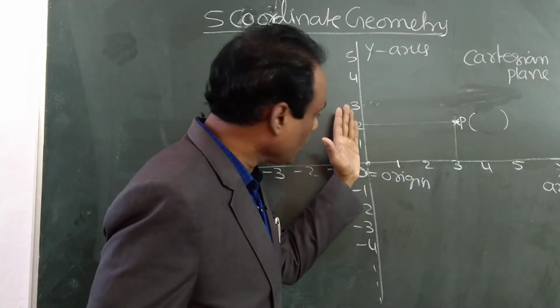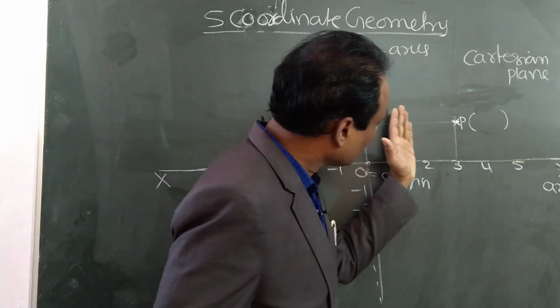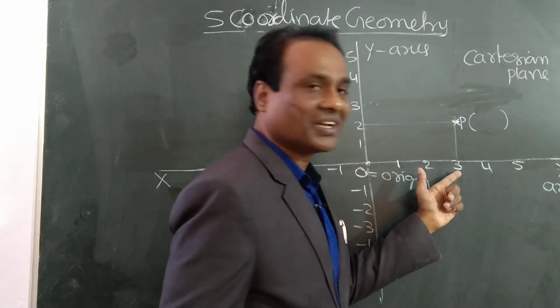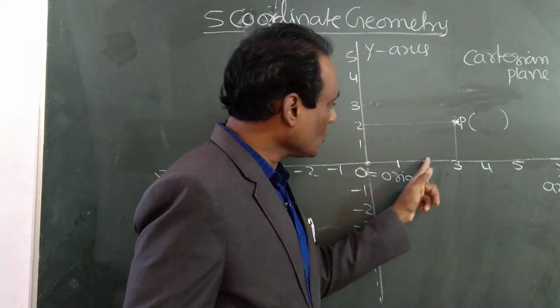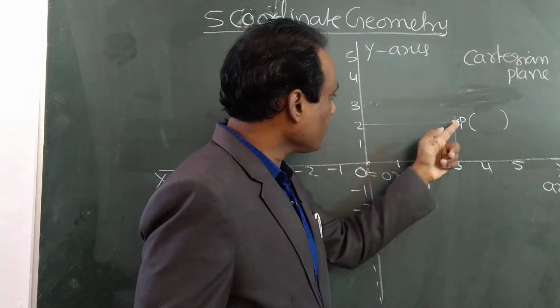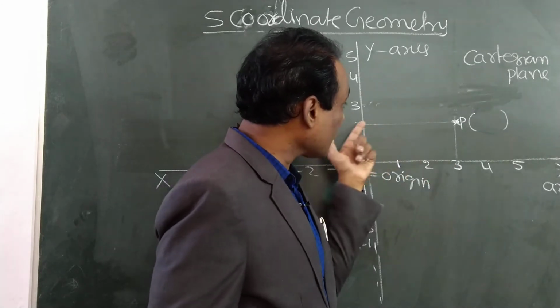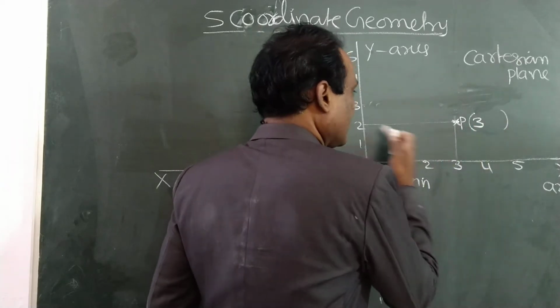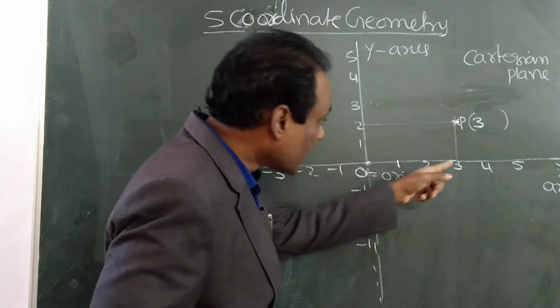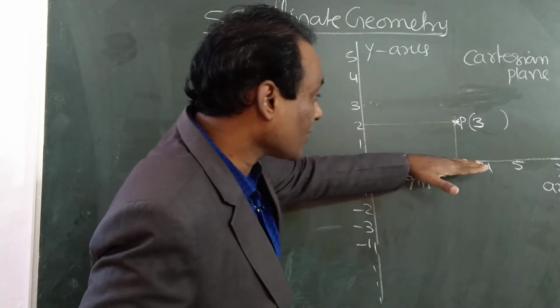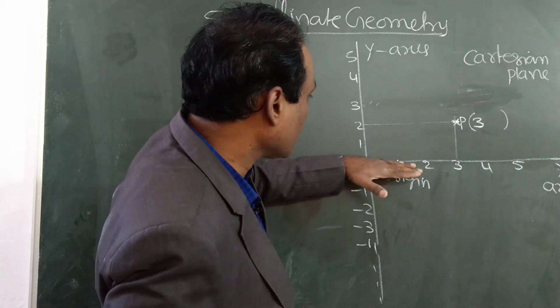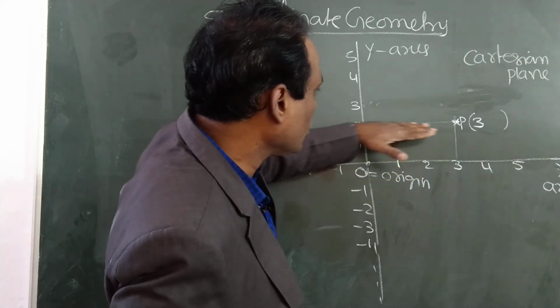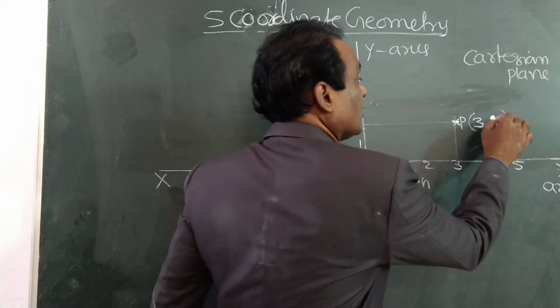This is the y-axis, no? So how much distance? 3 units: this is 1, this is 2, this is 3. So the horizontal distance of P from the y-axis is 3. The vertical distance, from the x-axis going up to here, is 2.